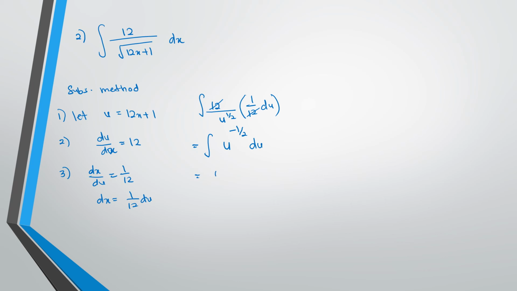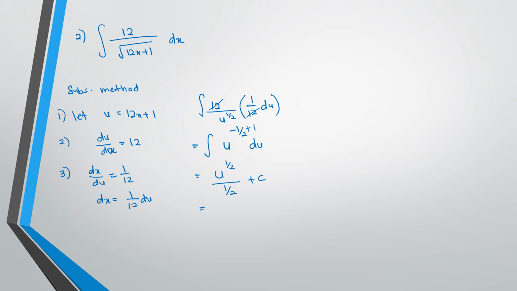So u power of, okay, power increase by 1. So dapat u power of 1 over 2 divided by the new power 1 over 2 plus c. Okay, so kita simplifykan answer. 1 divided by 1 over 2, kita akan dapat 2.